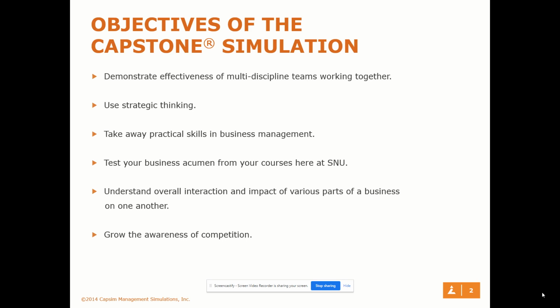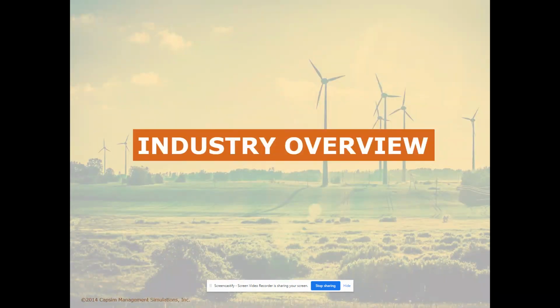We can test your business acumen from the courses you've taken here at Southern Nazarene University. You will be drawing on all the different courses that you've taken over the course of your MBA program. We can also help understand interactions and the impacts of various parts of the business on one another, and help grow awareness of competition, because in the business world you are competing with other businesses.